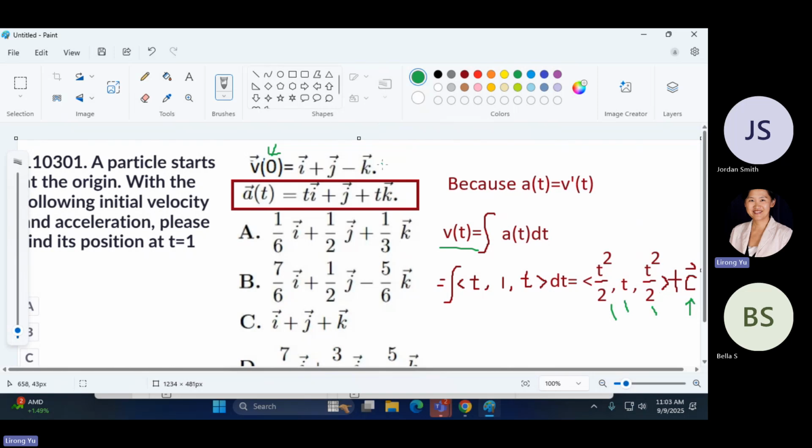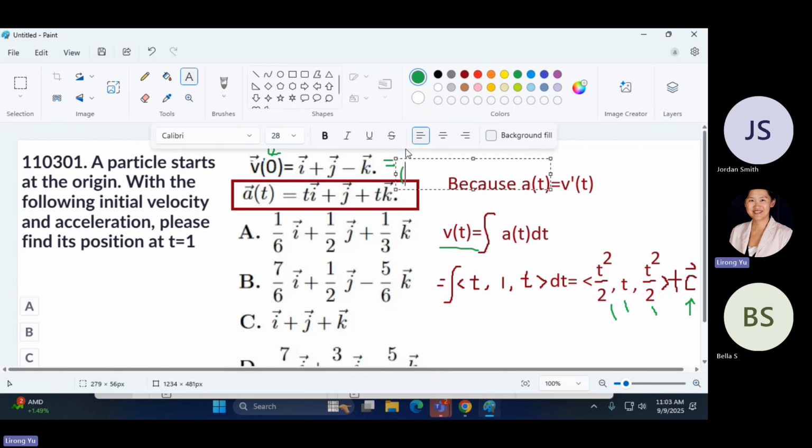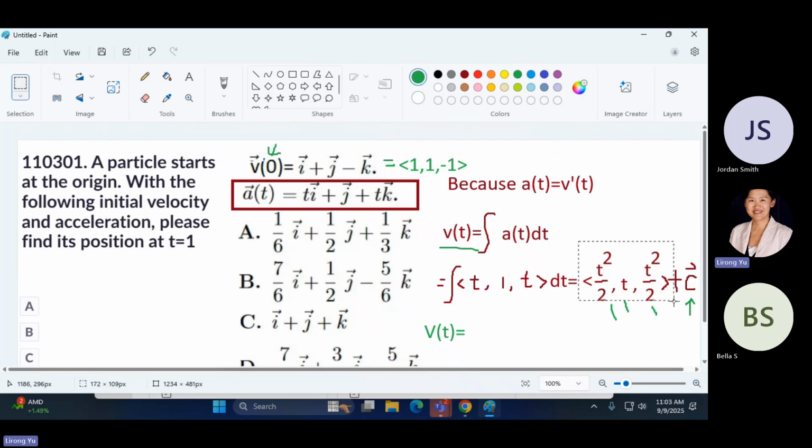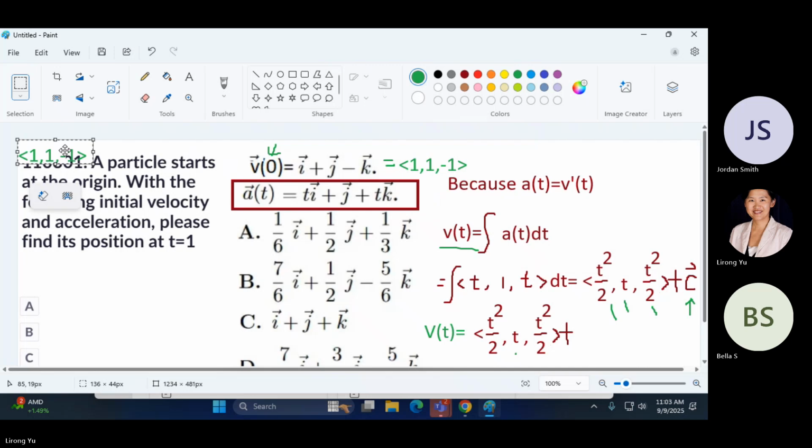Since we have v0 over here, it's the vector 1, 1, -1. So that has to be the C there. So we now have the v(t) function. v(t) is equal to this entire function added with the initial value. So we finish determining v(t).